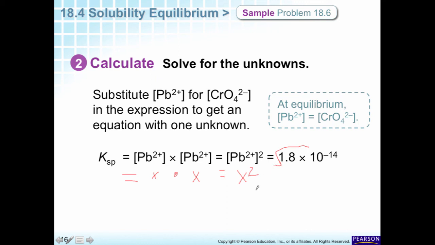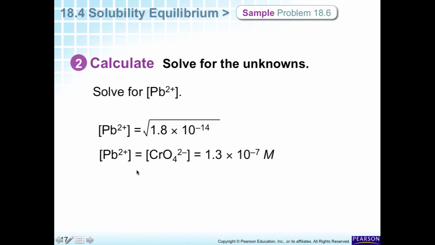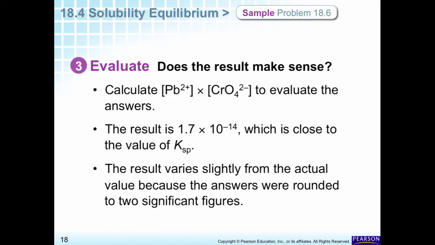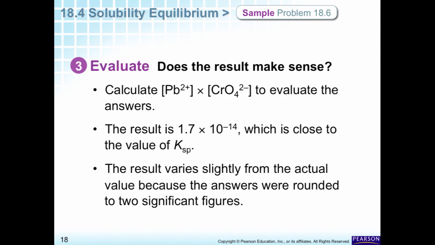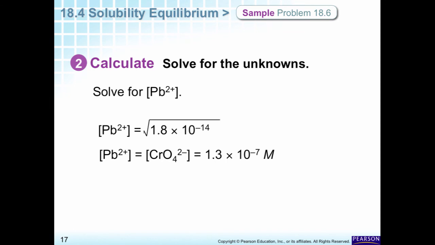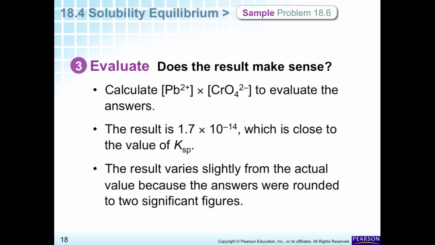We find that it's 1.3 times 10⁻⁷ molar. That would be true for lead, and it also would be true for the chromate. You could check it by plugging that in, and you would get 1.7 times 10⁻¹⁴, which is close enough because we probably rounded a little bit.